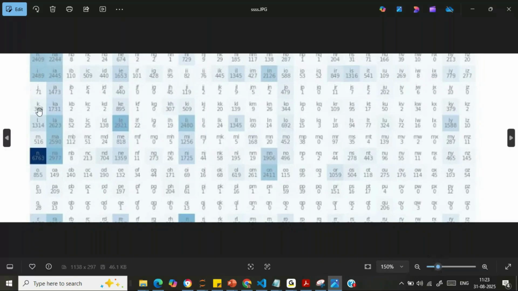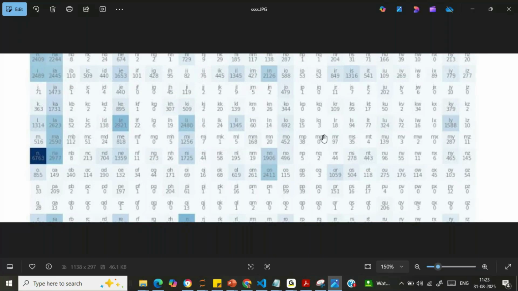This is the K row, and even G is also not coming after J. So this is the J row, and over here what we are able to see is Q is coming 0 times after J.